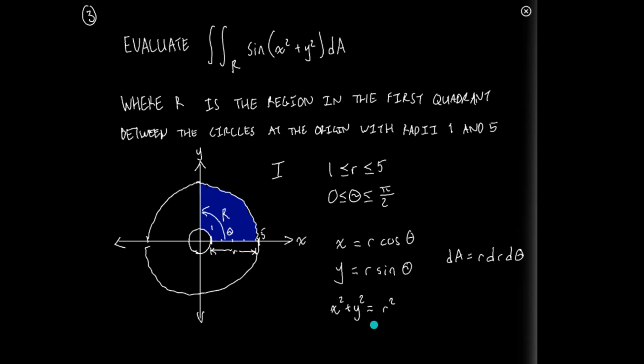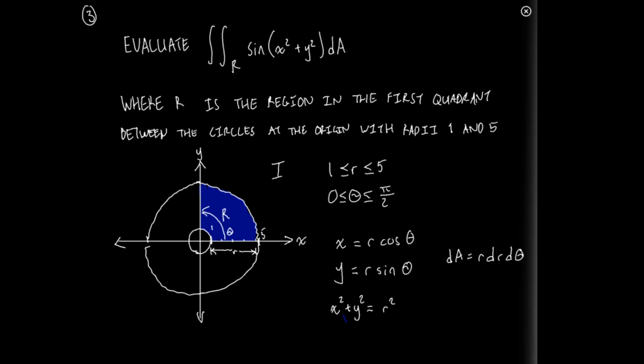We noted our conversion to polar coordinates here, that x is equal to r cosine theta, y is equal to r sine theta, and x squared plus y squared is equal to r squared. And dA turns into r dr d theta.